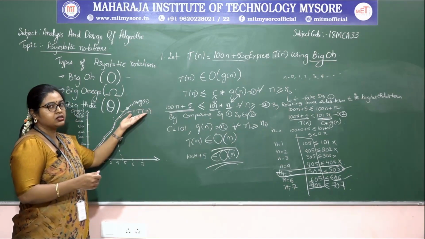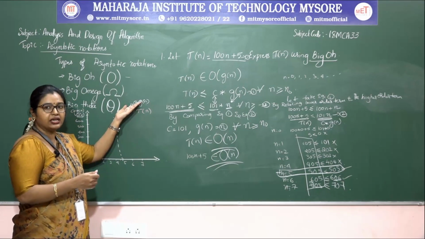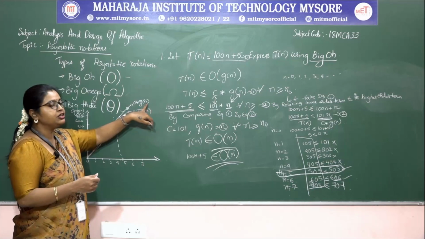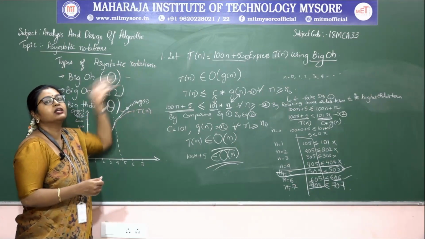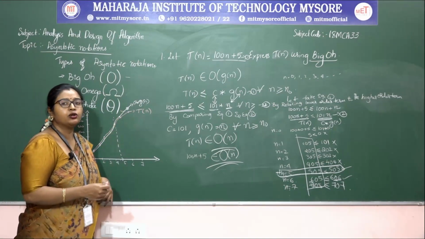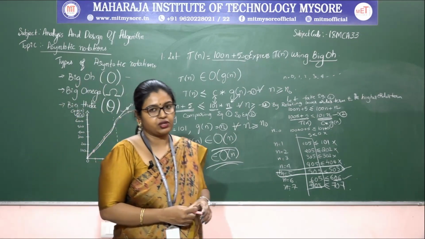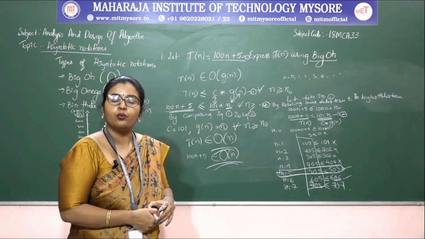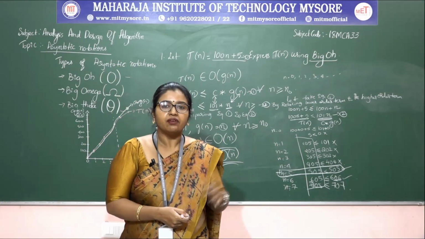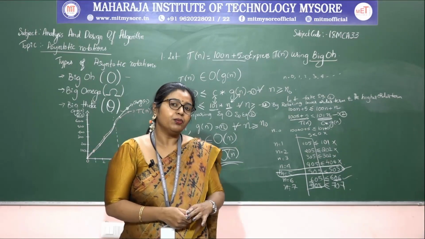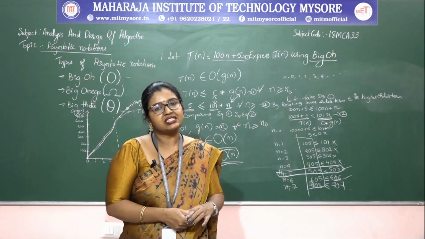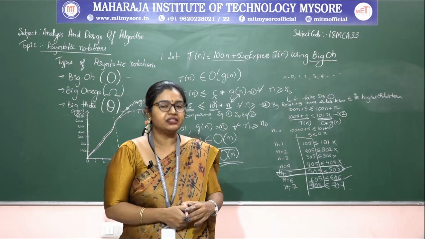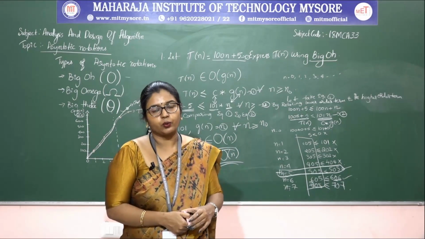The algorithm efficiency comes under this only. In the worst case, it goes up to C into G of n only; it won't go beyond that. That's why, to represent the worst case efficiency of the algorithm, we use big O notation. In the next class, we will learn how to represent it in big omega and big theta with the same example. Thank you.